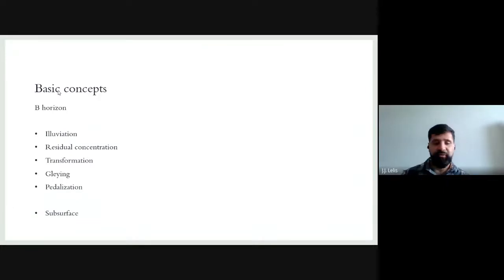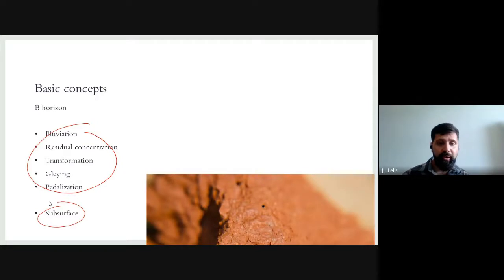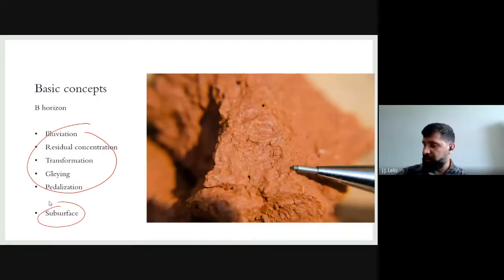It could be defined by some process that occurs in the subsurface. So a B horizon can be formed by eluviation, the migration of clay, and formation of clay coatings, the skin clay coatings, like a shiny surface of peds. This defines a B horizon.